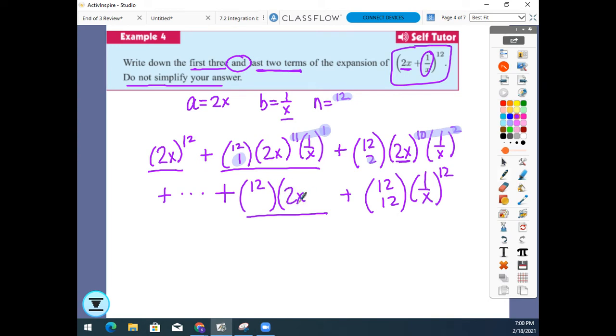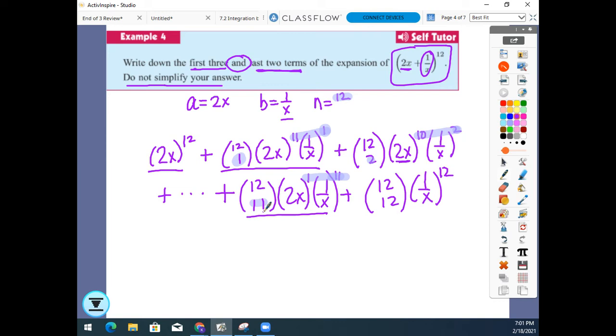This one, I'm going to need 2x to the something. This is going up. So if this is 11, this is 1 because they have to add up to 12. These two add up to 12. And this comes from that exponent. So sometimes it's a process that you kind of got to work through, and you just kind of play with it until you can put it all together.